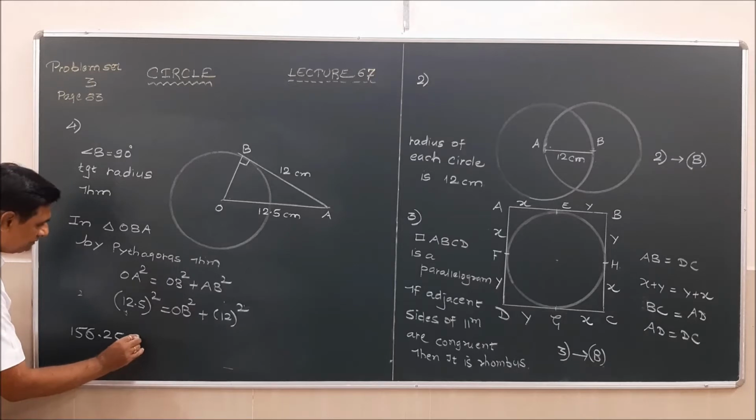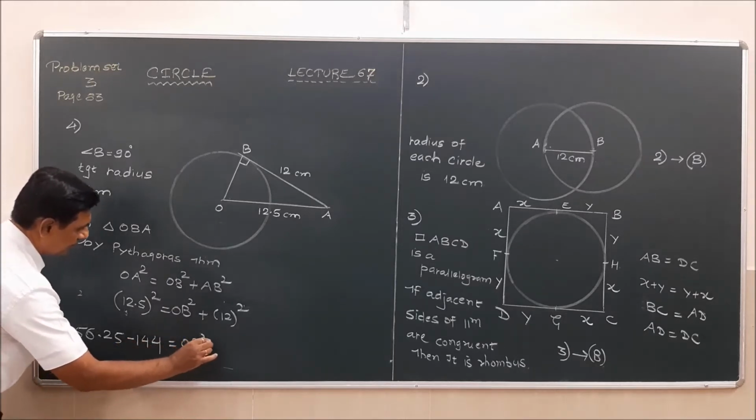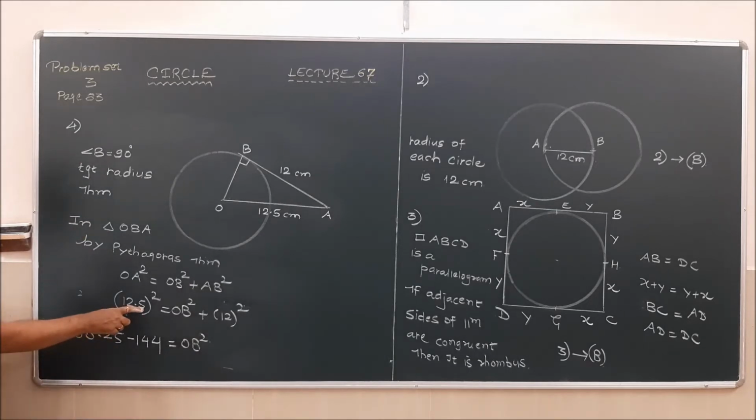156.25 minus 144 is equal to OB square. Square of 12.5 is 156.25, and minus 12 square, which is 144.